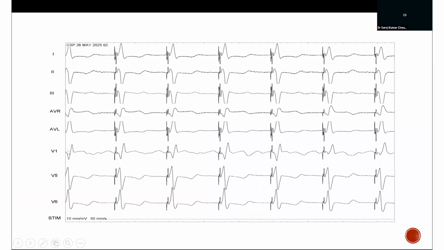Then with more rotations, the QR pattern becomes more prominent, and there is a transition from QR to a small q and big R pattern.